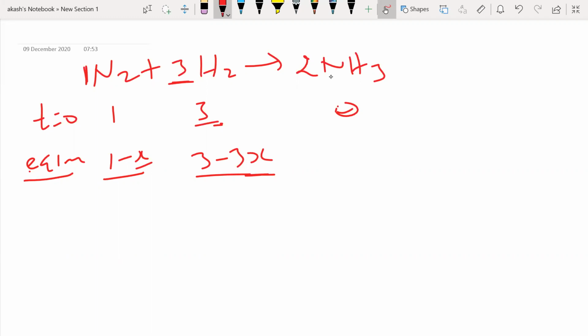Because initially I had 3 moles, and x moles of N2 are reacting. According to stoichiometry, if x moles of N2 reacts, 3x moles of H2 should react, because 1:3 is the ratio. Now what should come here for NH3?